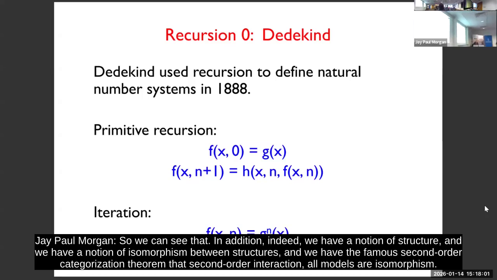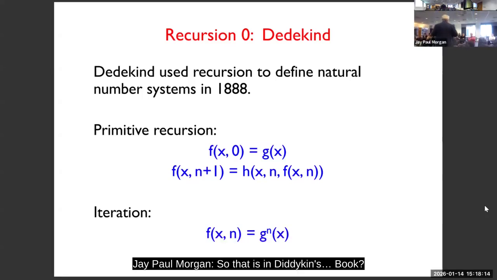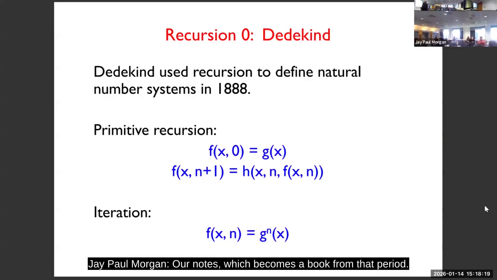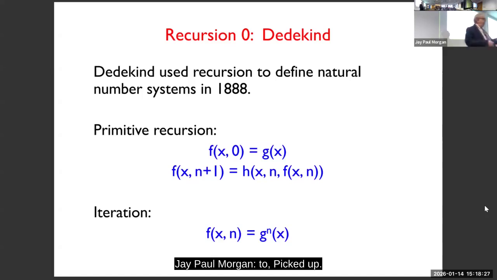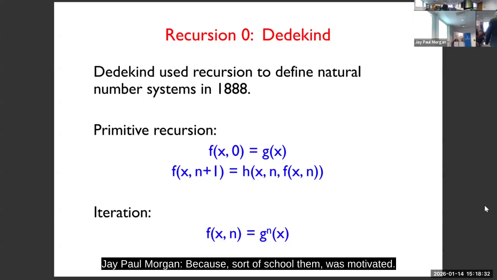So in Dedekind we have a notion of structure, and we have a notion of isomorphism between structures, and we have the famous second order categoricity theorem: with second order induction, all models are isomorphic. So that is in Dedekind's book, which becomes a book from that period. So this is the important thing that suddenly starts to get picked up.